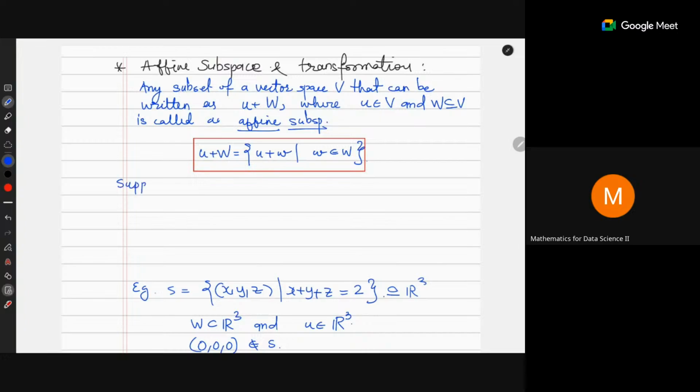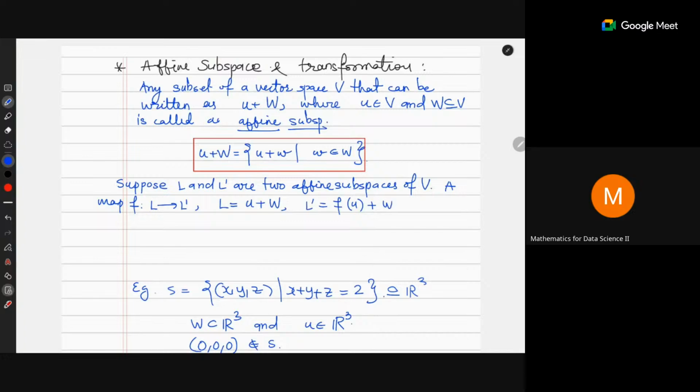Suppose L and L prime are two affine subspaces of V, a map F from L to L prime, where L is given by U plus W, U is the vector and W is the subspace, and L prime is given by F(U) plus W prime. All right.